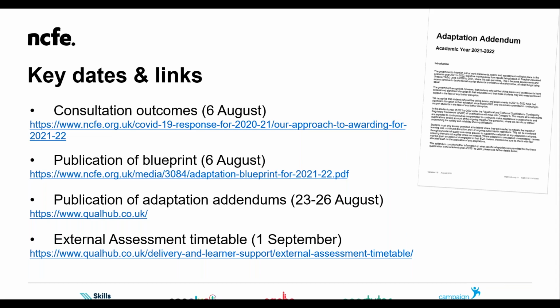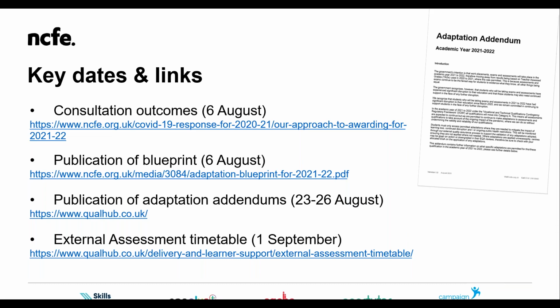And we also published our adaptation blueprint the same day, which outlines our adaptation approach by different assessment methods and types, which you can access more information on this, again, by using the link on this slide here. We'll be publishing the individual qualification-specific adaptation addendas on our website, Qual Hub, where you can view each of these qualification-specific guidance for the next academic session. And we'll be doing that over the 23rd to the 26th of August.